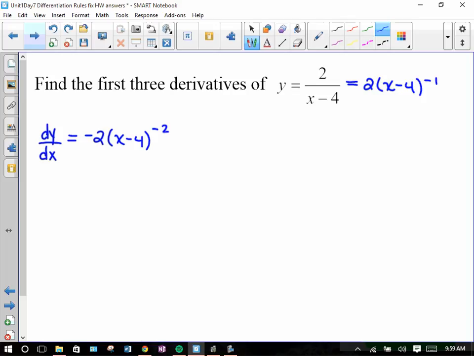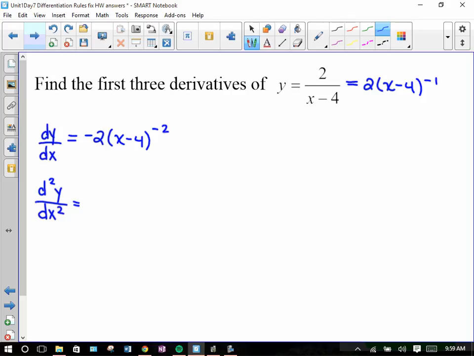Now we can find our second derivative. Here's our first derivative. The second derivative is the derivative of our first derivative.